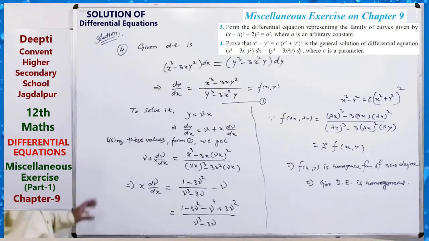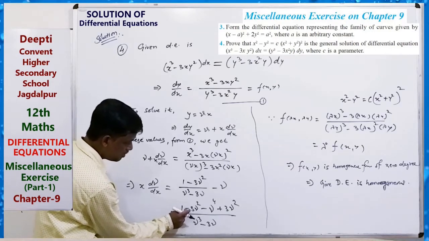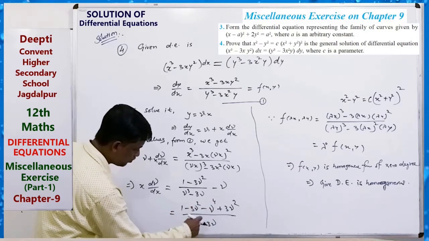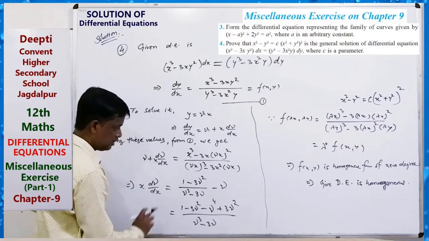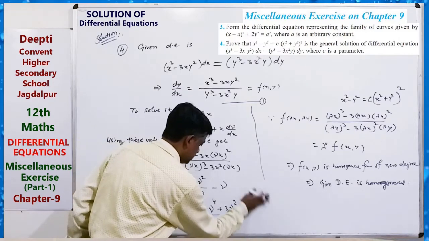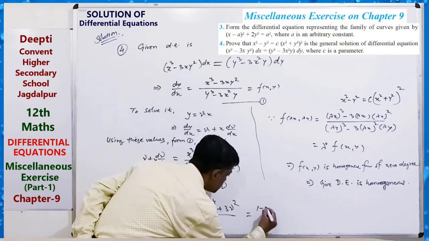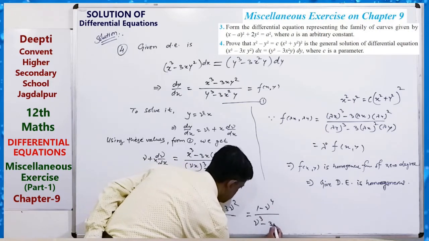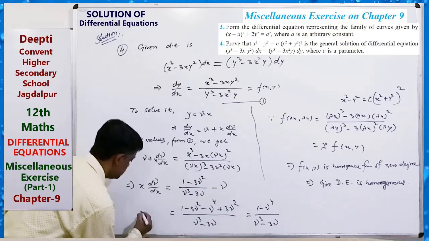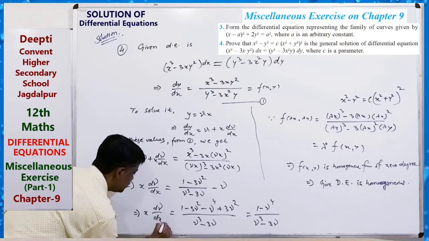Okay, so here 1 minus 3v square plus 3v square cancel, 1 minus v to the power 4 upon this. Clear? And this can be written, so 1 minus v power 4 upon v cube minus 3v. Okay, so x dv by dx equals to this.